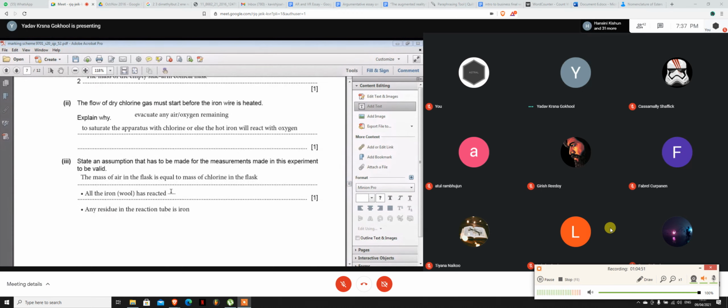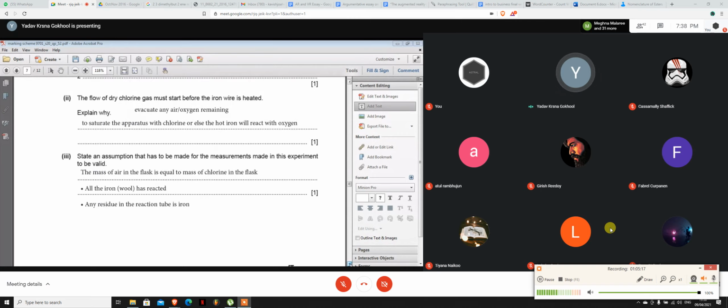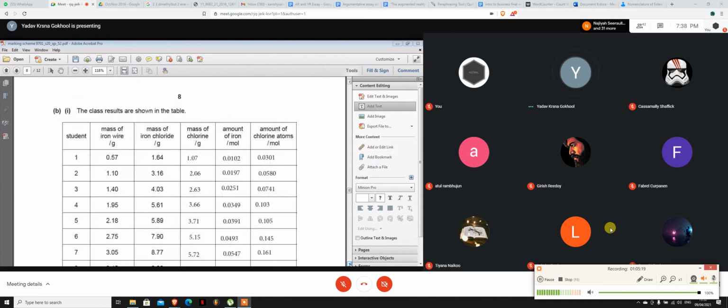Then secondly, the mass of air in the flask is equal to the mass of chlorine in the flask, because we have to assume that whatever was present in the beginning, just like in part 2, has been removed. So we have only chlorine. But for me, the best answer was all the iron wool has reacted, because I'm just going with what Cambridge has told me beforehand.